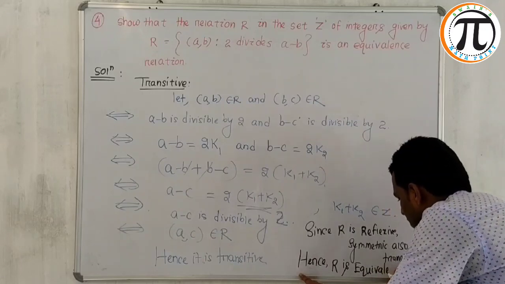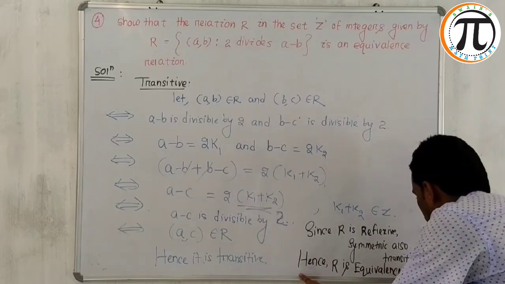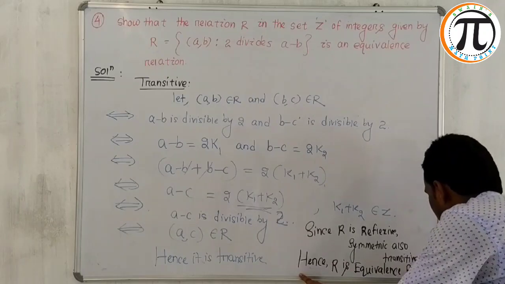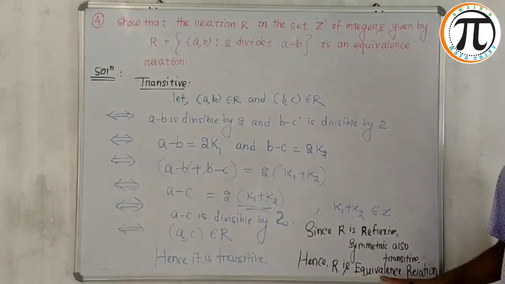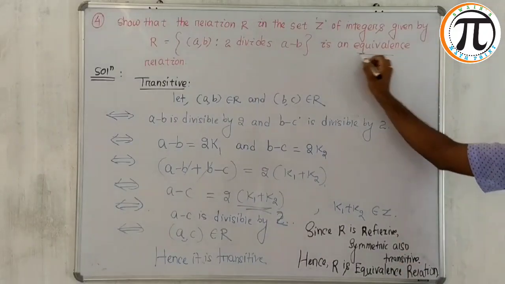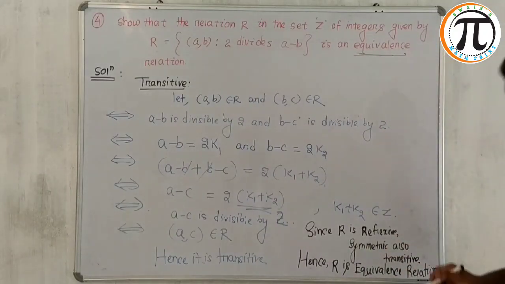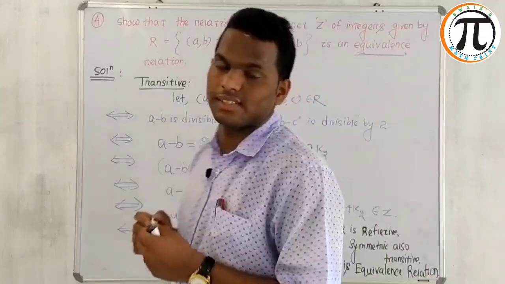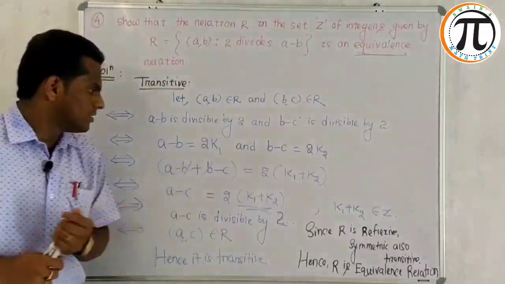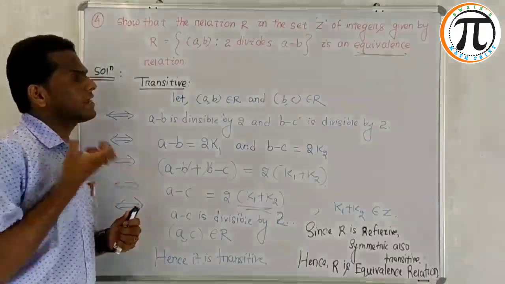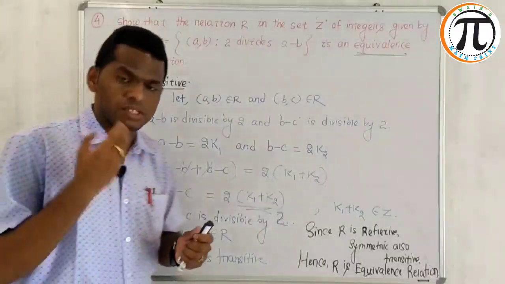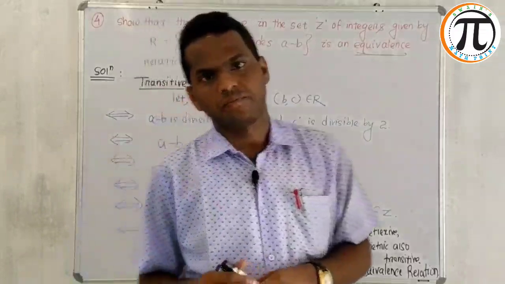Equivalence relation. Just to note it down, hence R is an equivalence relation. देखो, this was your question. You have to prove that the given relation is an equivalence relation. Clear? So I think all of you clear how to check the given relation is reflexive, symmetric, also transitive.